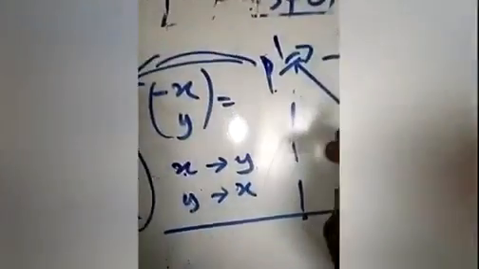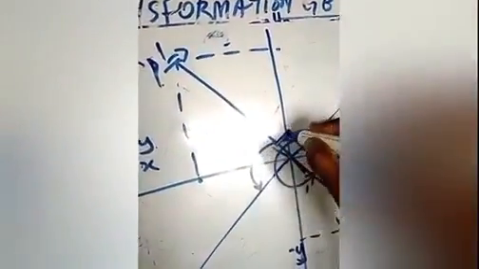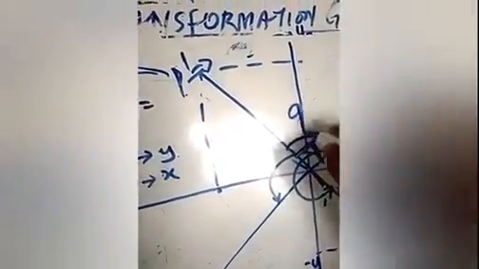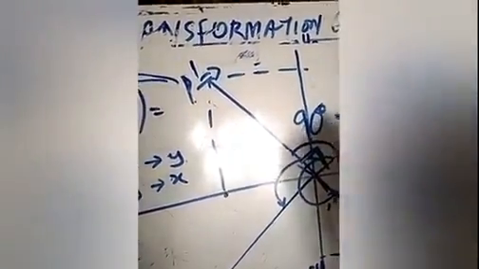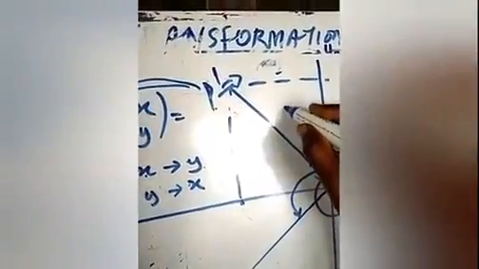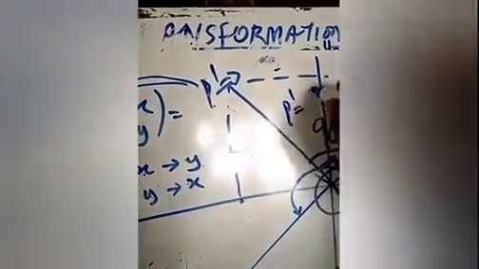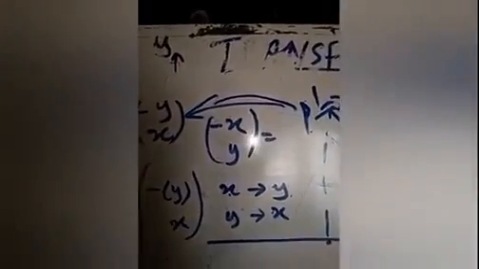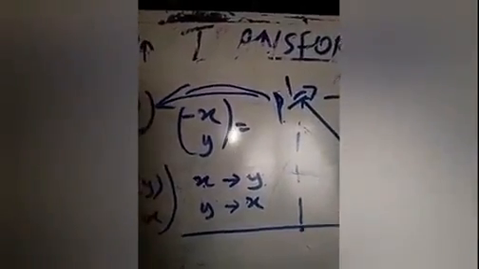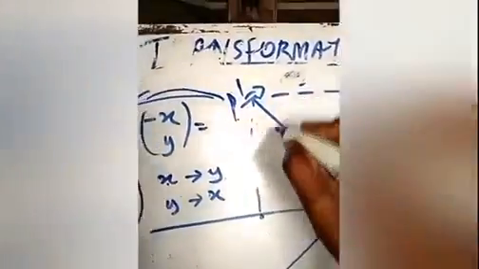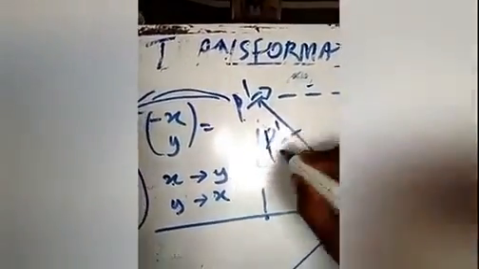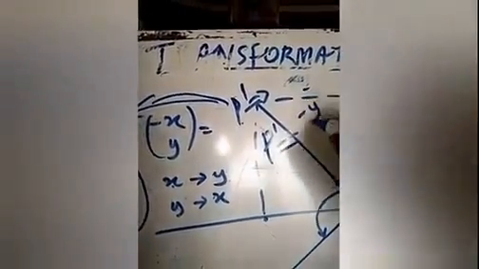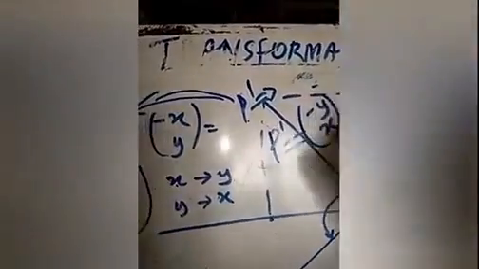So for this 90-degree turning, for a turning of 90 degrees to this point, my p prime will give me minus y column x. So I will write it in this place now as p prime gives me minus y column x.